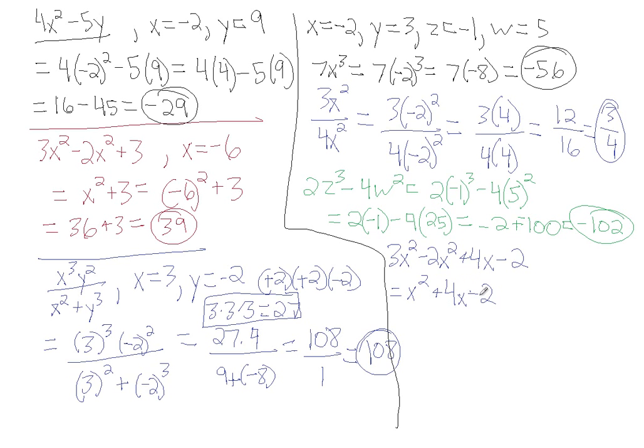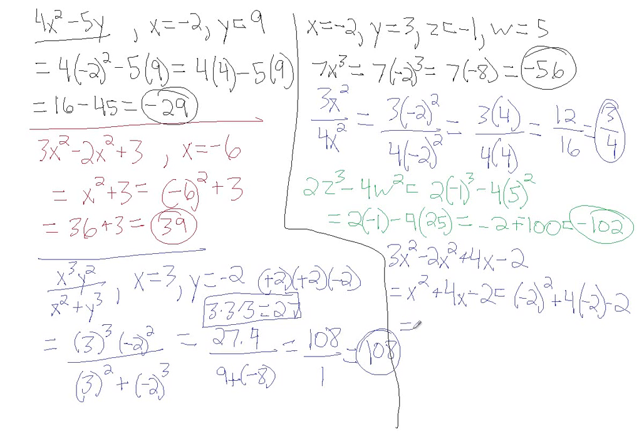minus 2. Now we can't combine these two terms because we have an x squared and just an x, so we can't combine the coefficients. So what we're going to do is substitute the value minus 2 everywhere we see x. So what we have is minus 2 squared plus 4 times x, which is a minus 2, and we have our minus 2 term.